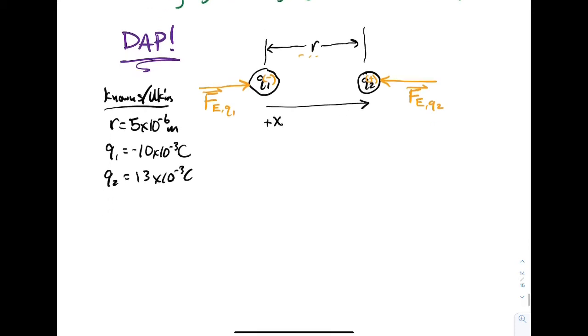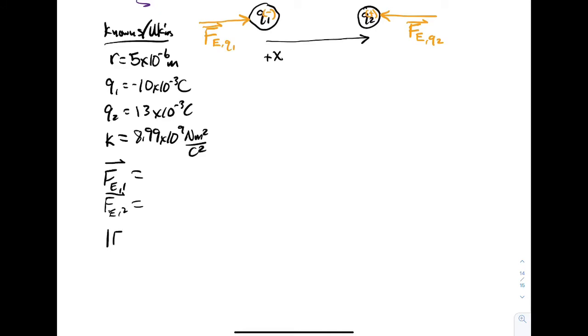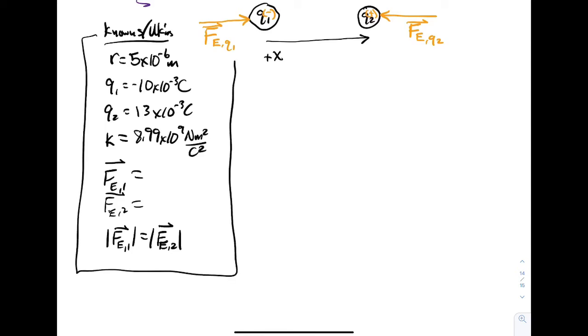We also know from previous notes that Coulomb's constant K is 8.99 times 10 to the 9 newton meters squared per coulomb squared. We'll need that when we use Coulomb's law. And I know that we're looking for Fe1 and Fe2, the electric force on Q1 and the electric force on Q2. But we do know that the magnitude of these forces, the amount, must be equal because they are equal and opposite forces. So those are all knowns and unknowns.